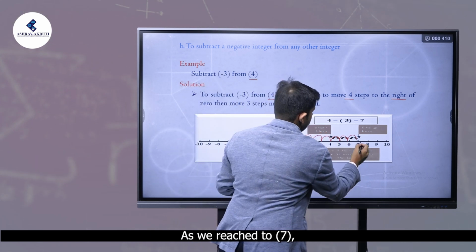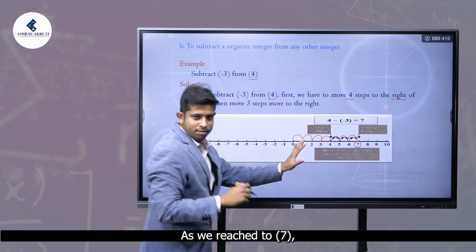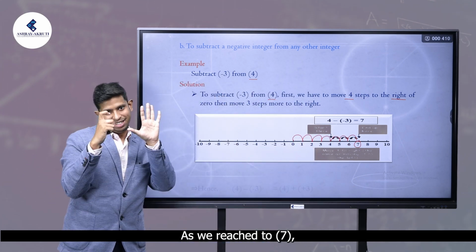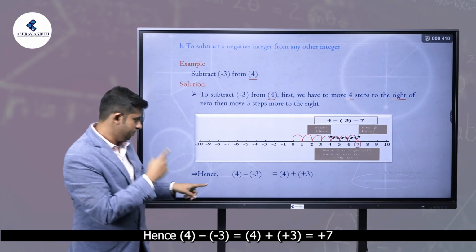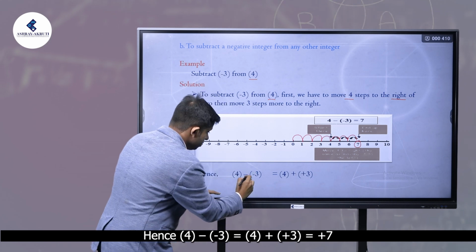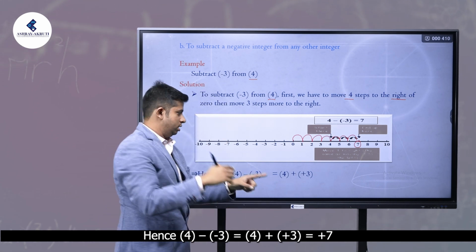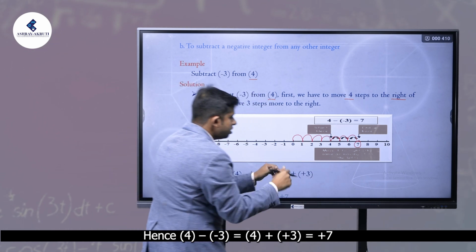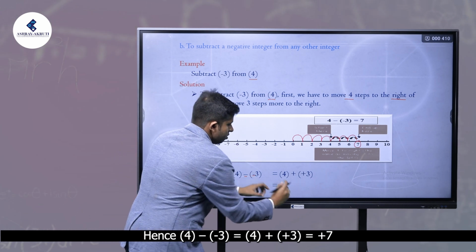As we've reached 7, hence 4 minus of minus 3 is equal to 4 plus of plus 3, which is equal to plus 7.